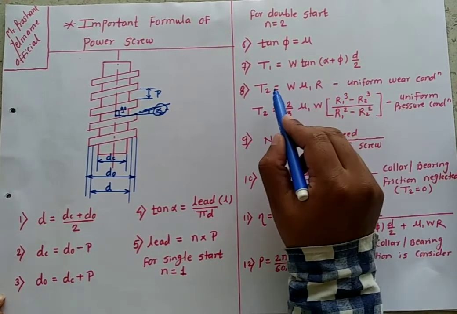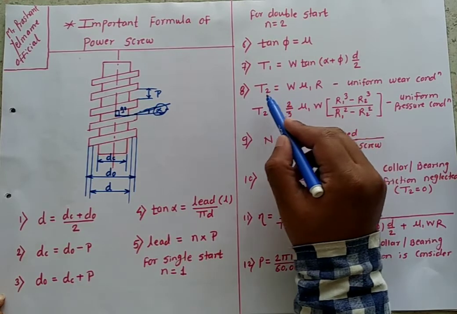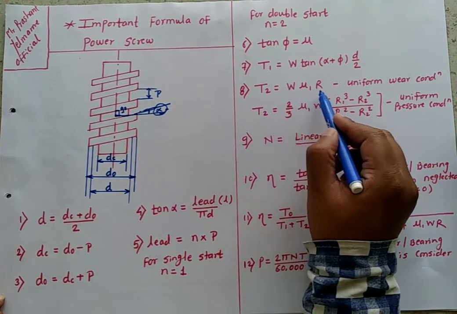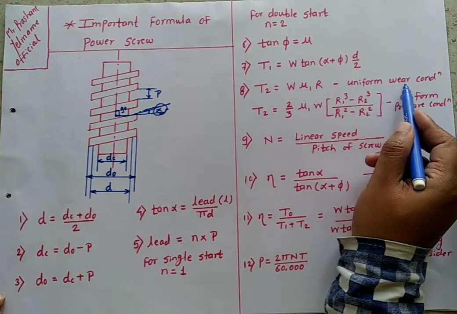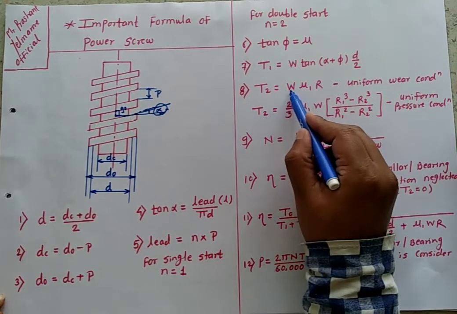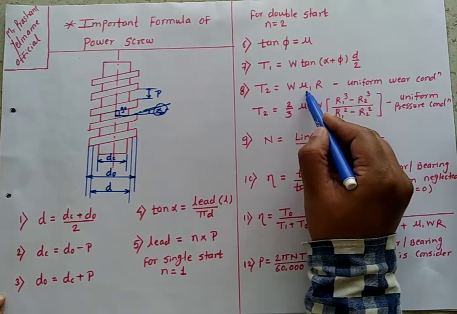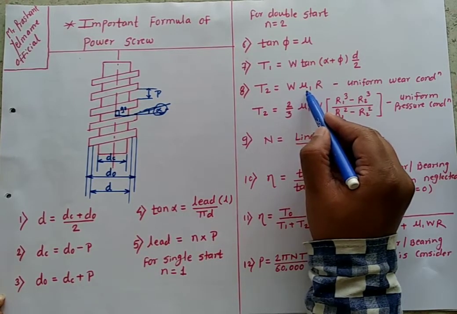Then the torque required to lower the load, T2, is equal to W mu1 R according to uniform wear condition, where W is the load, mu1 is the coefficient of friction between collar or bearing.